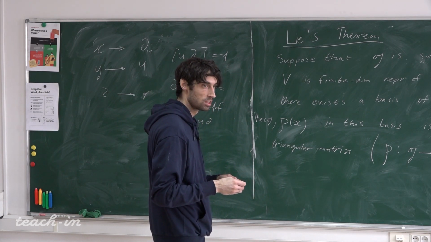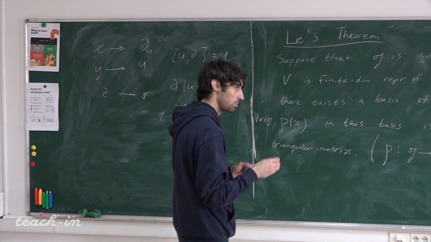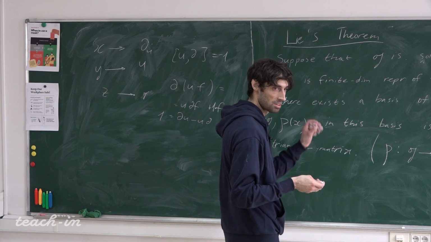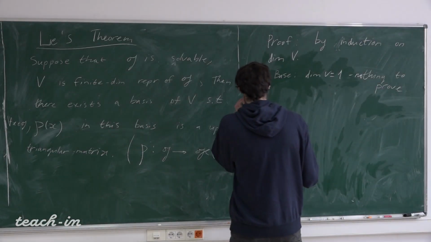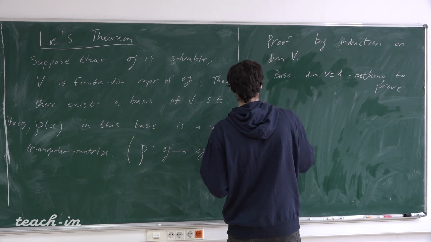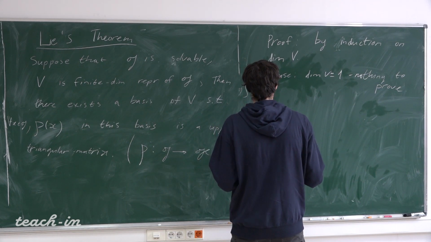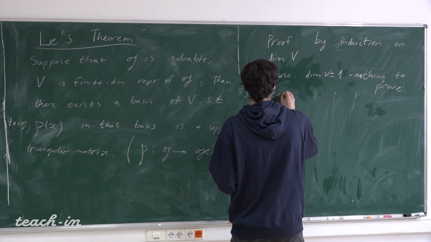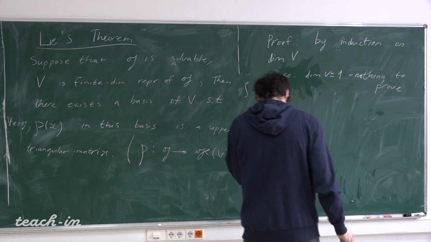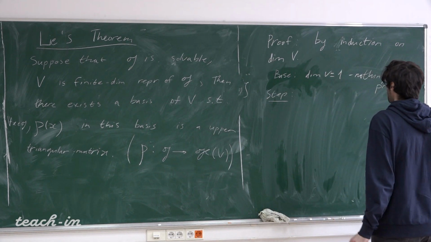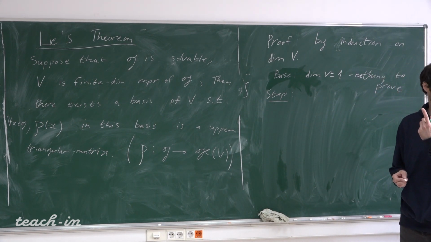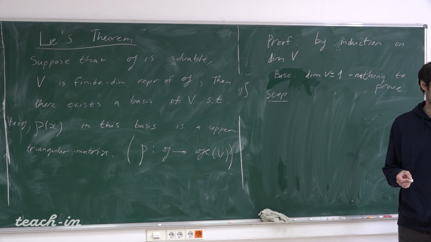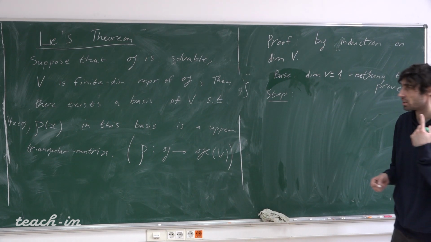Let us prove it using the lemma. The lemma was the most difficult part. This one follows immediately. Okay, so the step of induction. Let's find this vector which is given by this lemma that we stated before but never proved.